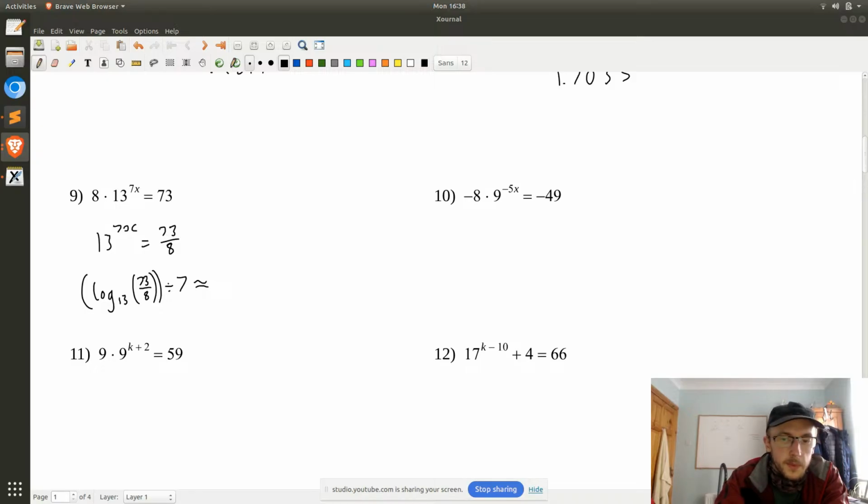I'll just type in log 10, comma 1000, and I get 3. So that's how they work on here. So log, open brackets, 13, comma 73 / 8, and then all of that, which is 0.1231.